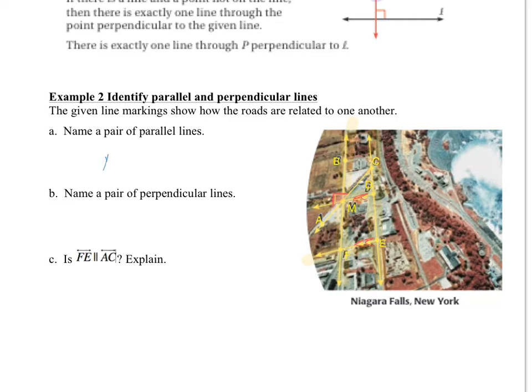So I have AB is parallel to EF. A pair of perpendicular lines would be BF.